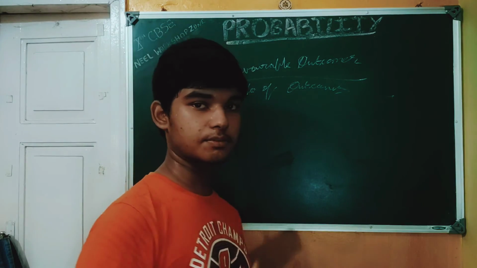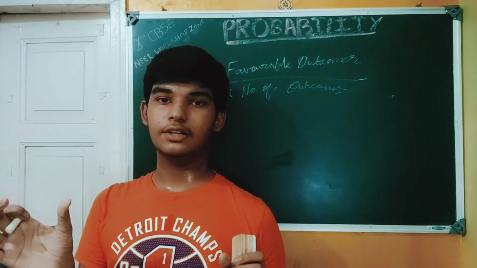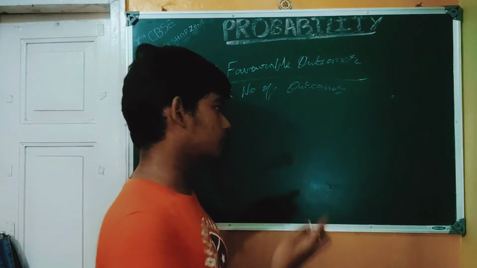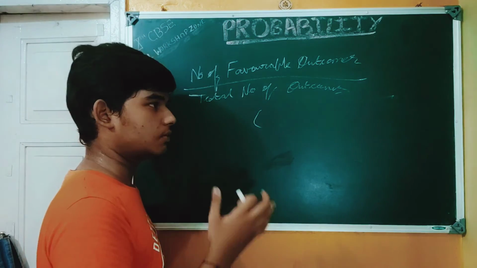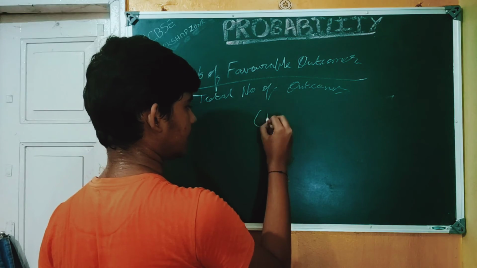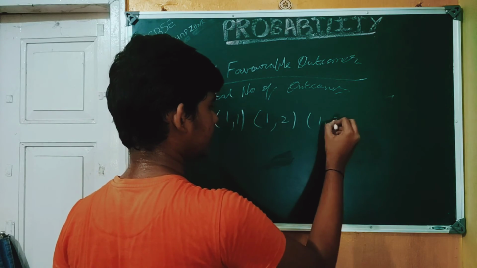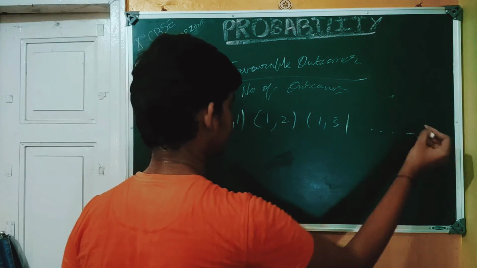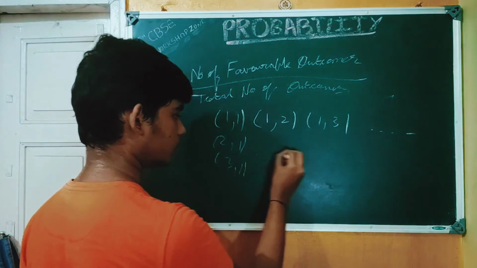There are still some sums which are full of heads and tails about finding out the number of possibilities. For example, imagine you roll the dice 2 times. What are the possibilities? So you have to do something like 1 comma 1, 1 comma 2, 1 comma 3, 1 comma 4, 1 comma 5, 1 comma 6, then 2 comma 1, then 3 comma 1. You have to go on like this.